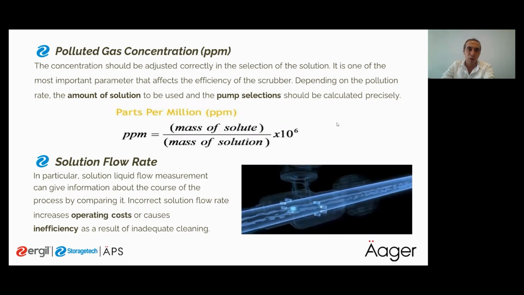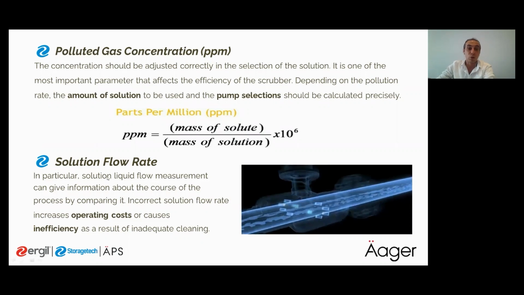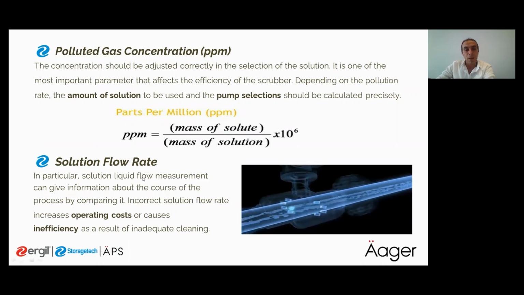Depending on the pollutant rate, we are preparing a chemical solution in the scrubber and selecting a pump for pumping the solution to the nozzles. Also, it depends on the solution flow rate. If it's not selected correctly, the operating cost and the efficiency are really changed.